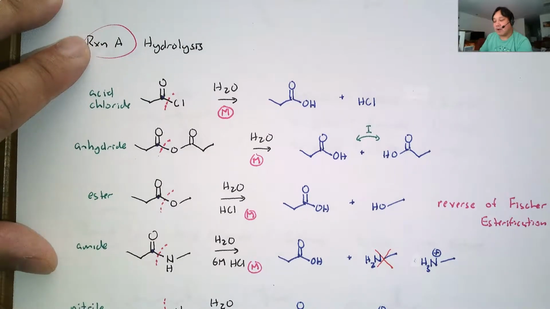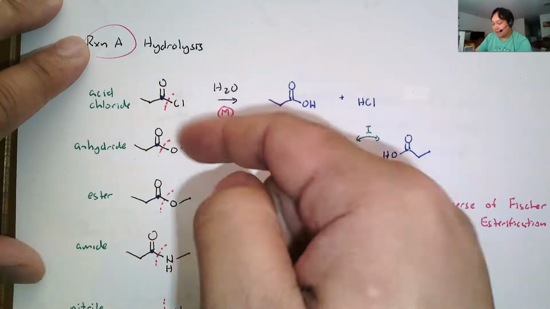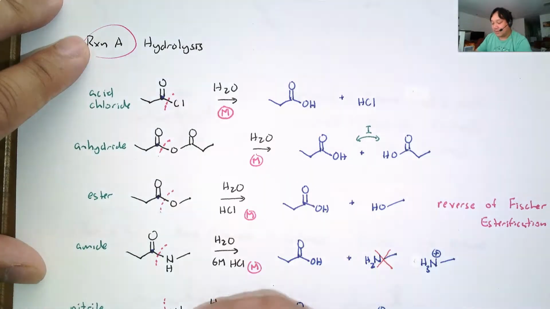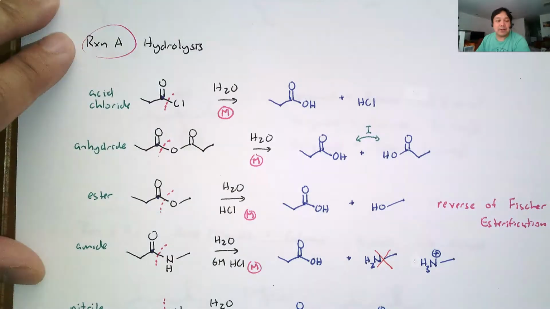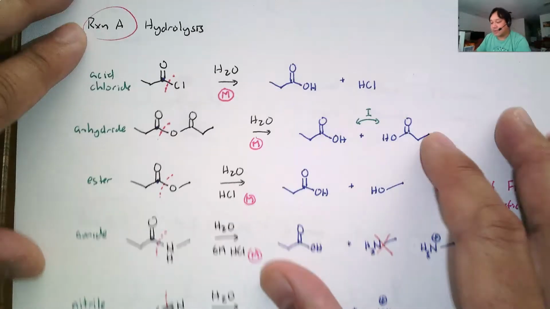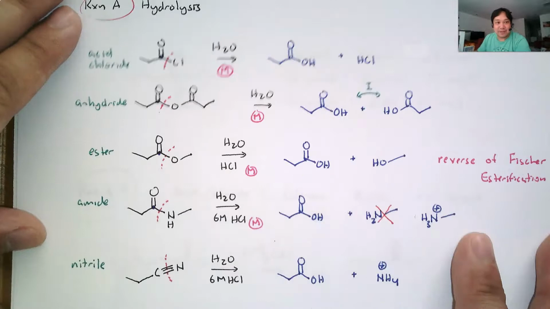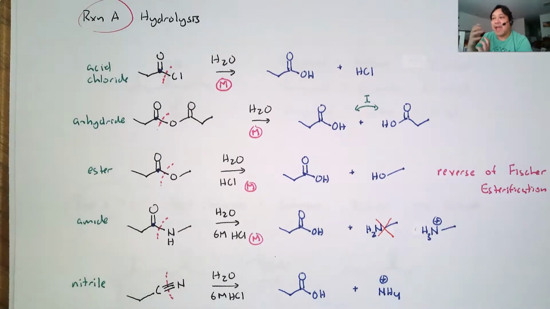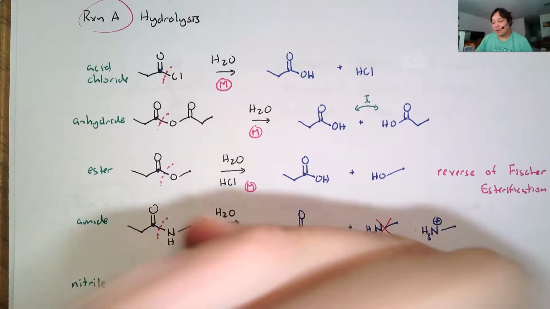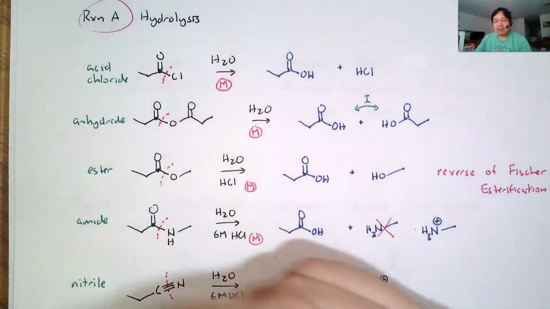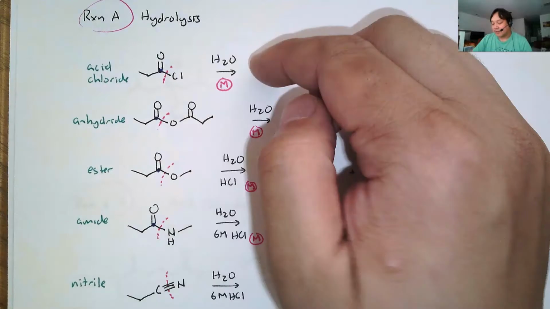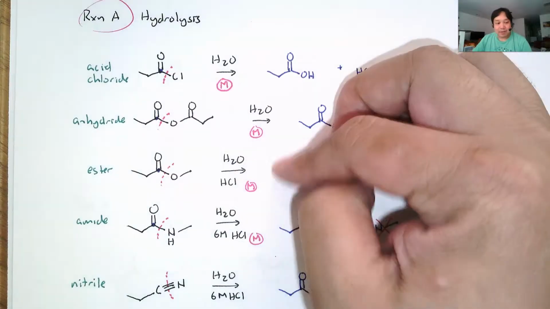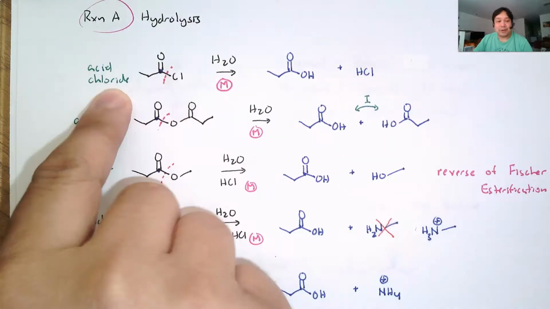I said we're going to do hydrolysis, and I listed all the derivatives. So when I taught this, I categorized them in terms of the type of reaction. But what can you do to rehash or organize this a little bit differently in your brain? Why don't you go through all of these reactions, A through H, and instead of categorizing them by reaction type, categorize them by starting material.